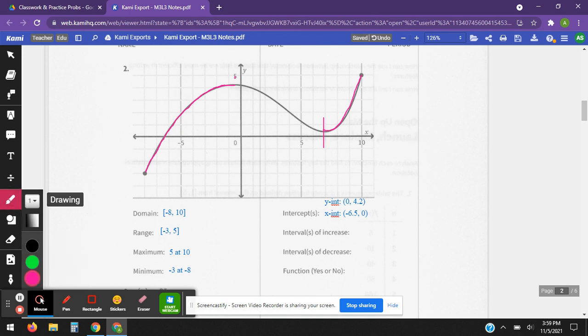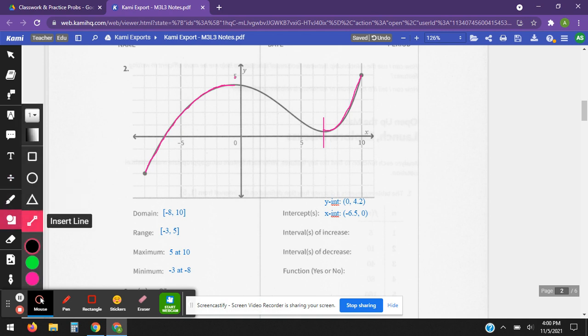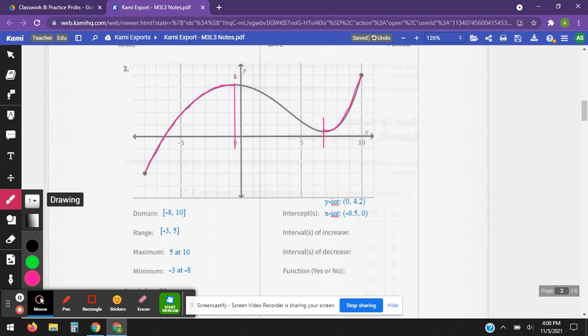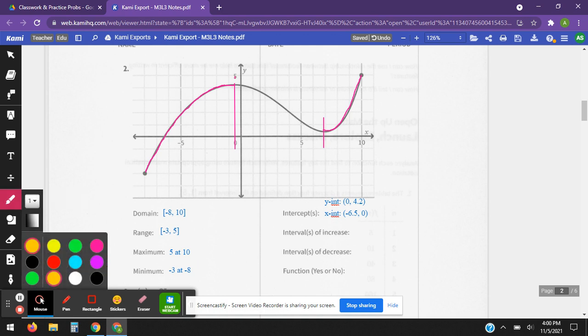I'm going to erase that and actually do one of these lines. There we go, so I know it's straight. And then I'm going to do my intervals of decrease. Let's do those in yellow. So I've got this space here in decrease.